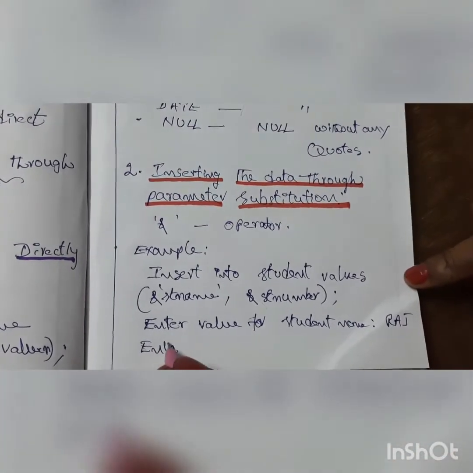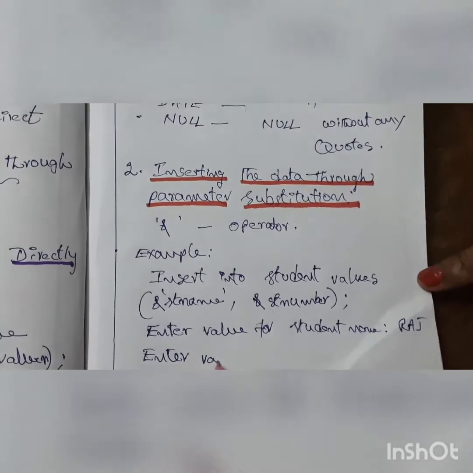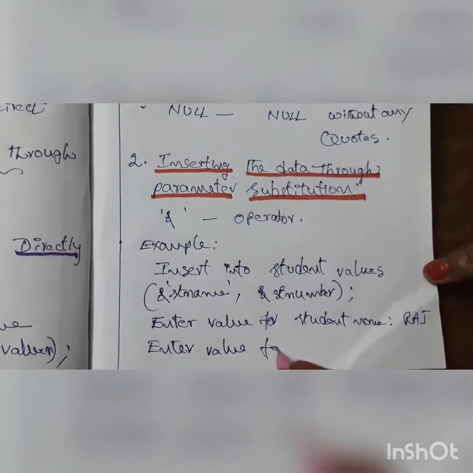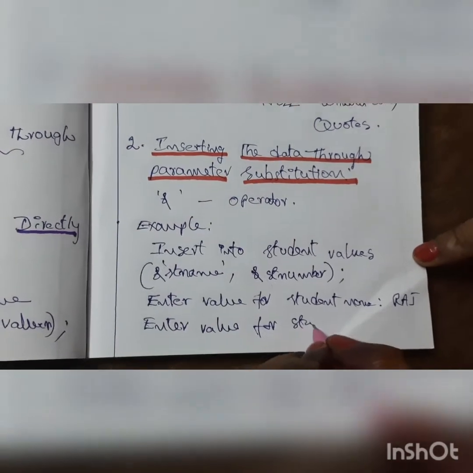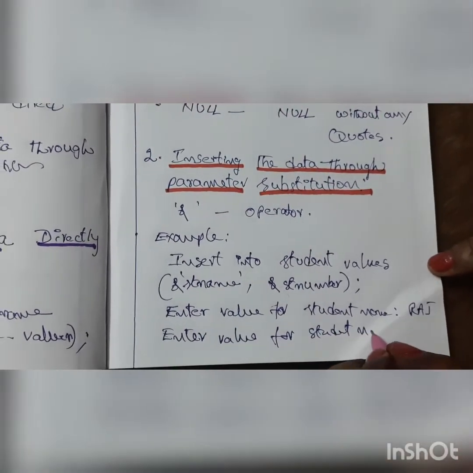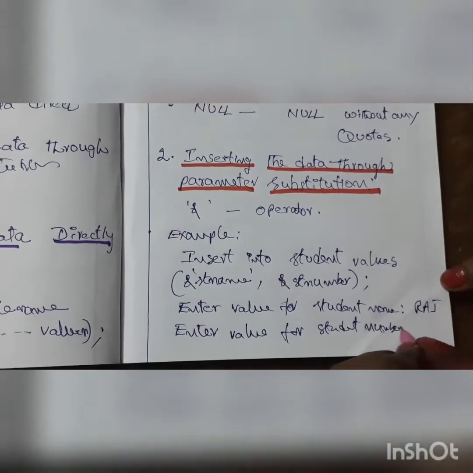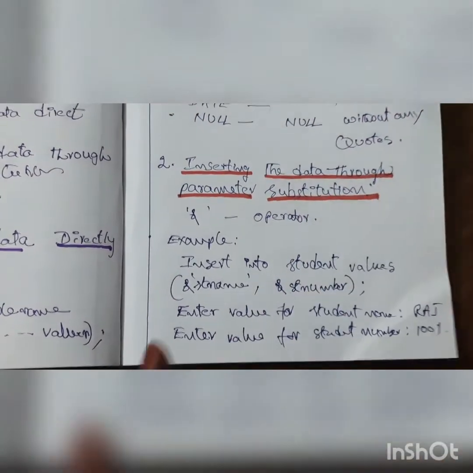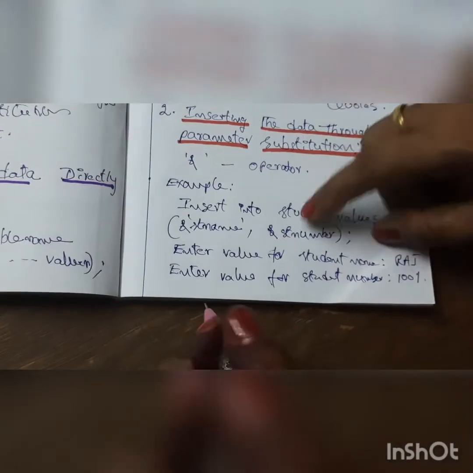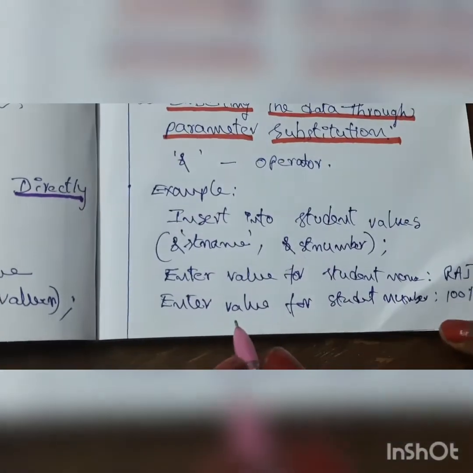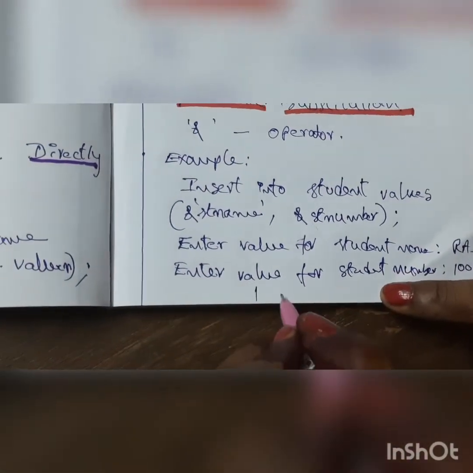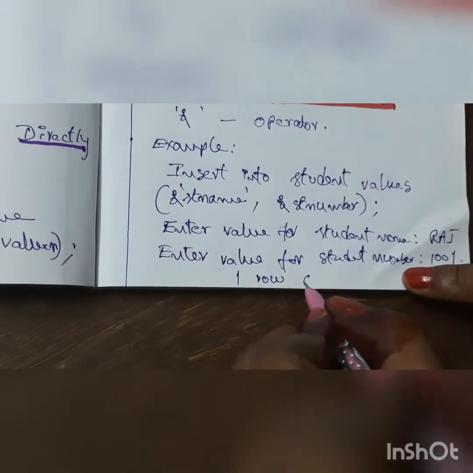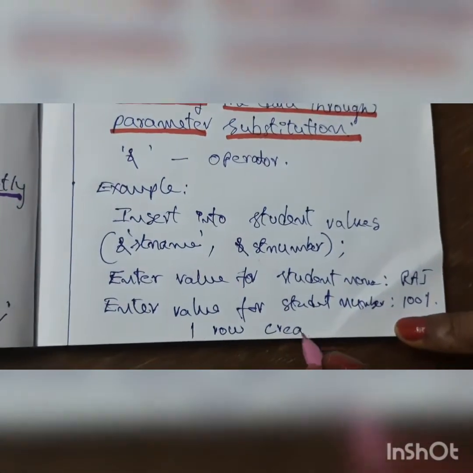Next, enter value for student number, 1001. Press the enter key. After pressing enter, a one row created message will be displayed.